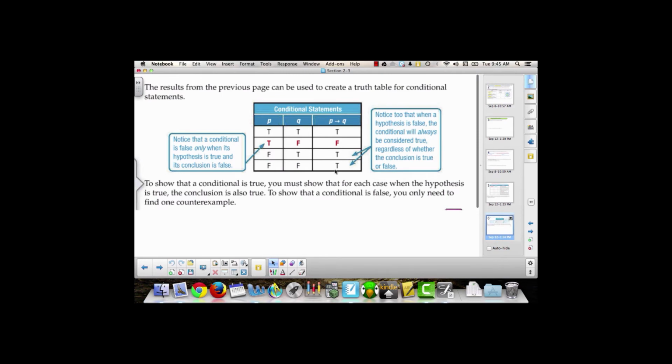Once again, a conditional is false only when the hypothesis is true and the conclusion is false. When the hypothesis is false, we consider the statement irrelevant, which means that it is not false and automatically true. A conditional is always considered true when the hypothesis is false, regardless of what the conclusion says.